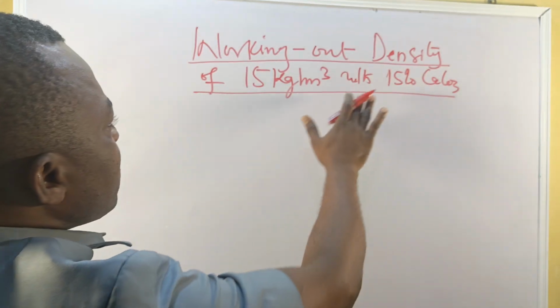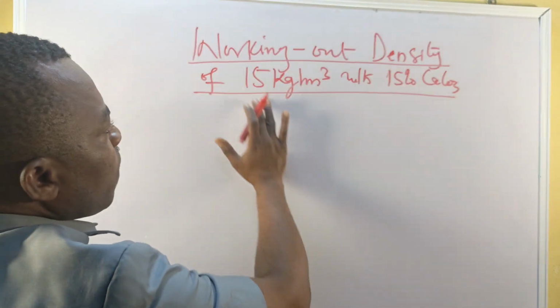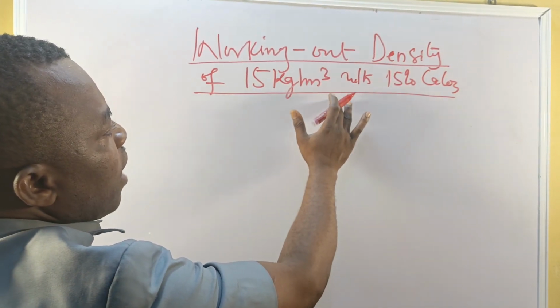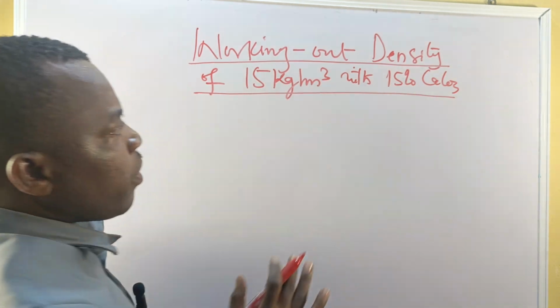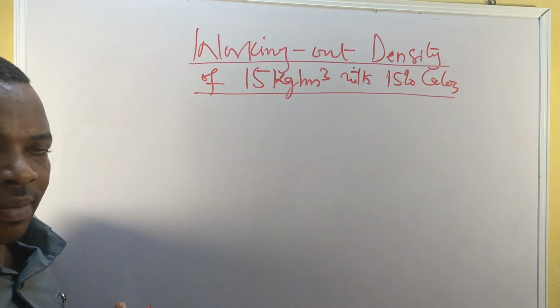Working out density of 15 kg per meter cube with a 15% calcium carbonate. What does that mean?